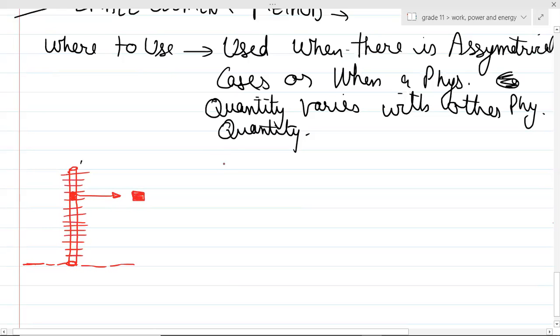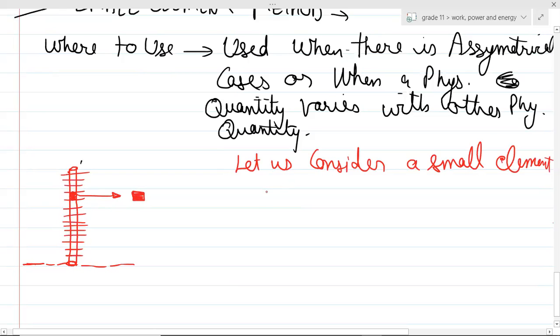Let us consider a small element of mass, how much? Can you see the mass of the whole rod was capital M? Since I divided it into small pieces, the mass of this small element will become dm. Can you see dm?